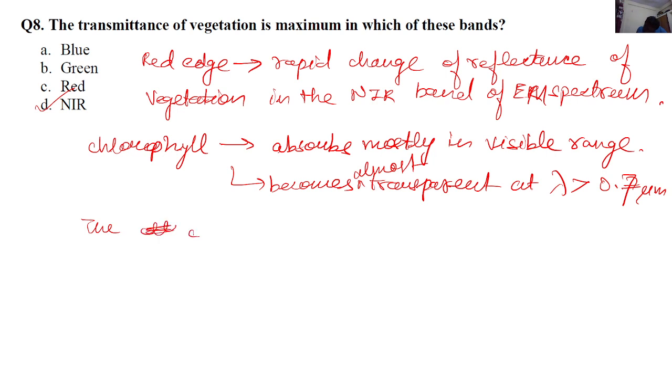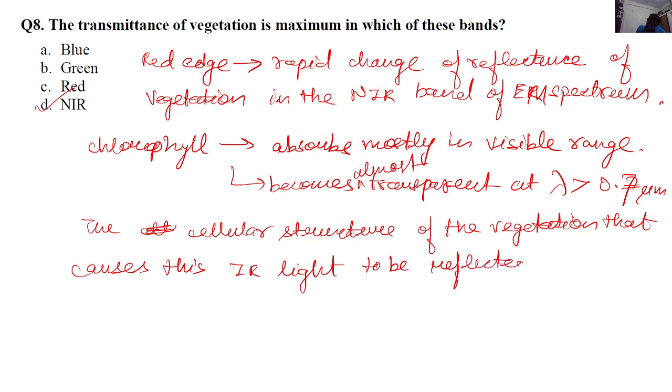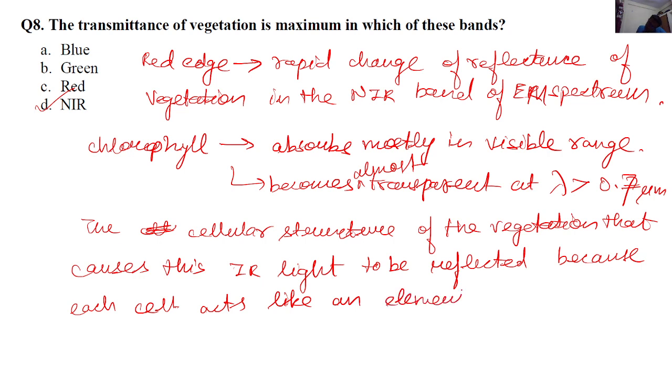The cellular structure of the vegetation is what causes this infrared light, greater than 0.7 micron, to be reflected, because each cell acts like an elementary corner reflector at that wavelength range.